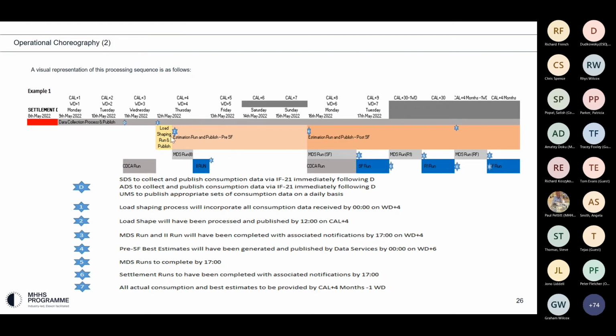The load shaping run will occur ahead of the II run, and there will be an MDS run, and that should allow you to plug any of the gaps. Estimates can be fed into that, but like you say, there's a very, very limited time scale to do that. So we're not expecting a lot of estimated data to actually make it in the II run. I think if there's no actual data, it's likely that that data will be defaulted.